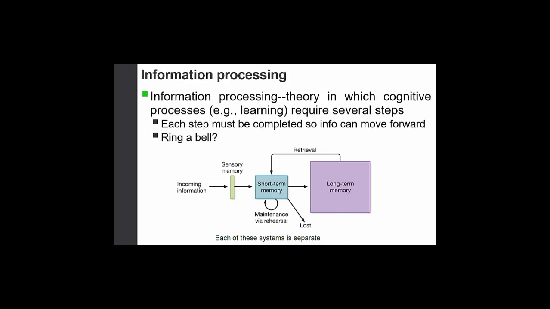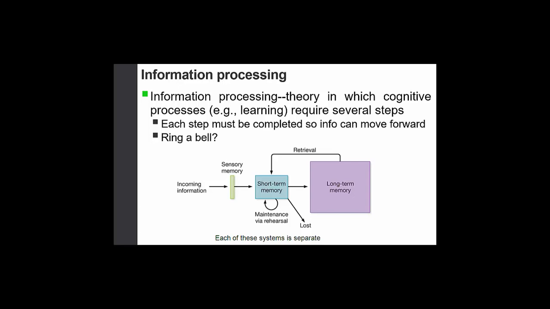Basically in this theory, it's usually represented as a series of boxes and arrows, much like we have in the modal model, where some broad cognitive process like memory actually requires several sub-steps. And those sub-steps are determined by these boxes here.